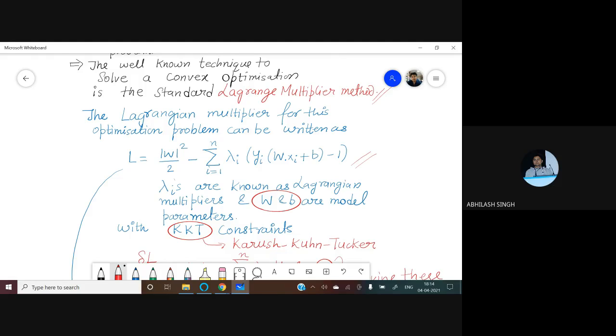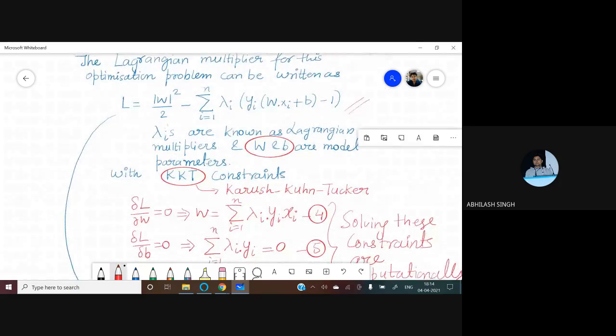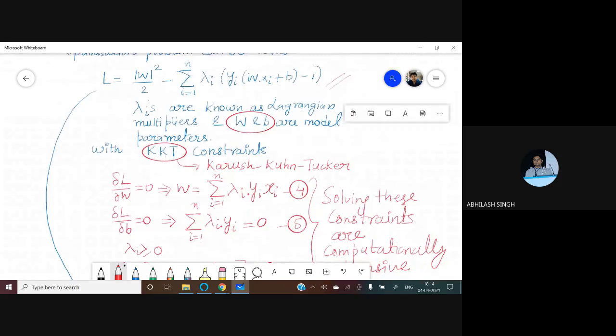There are two cases in Lagrange multipliers: one is equality constraint, one is inequality constraint. Our optimization problem is of inequality constraint, so we have to follow one more theorem, the Karush-Kuhn-Tucker constraint, that is the KKT constraint.